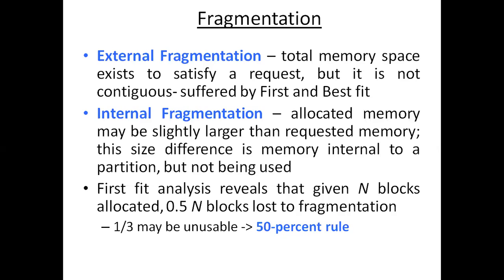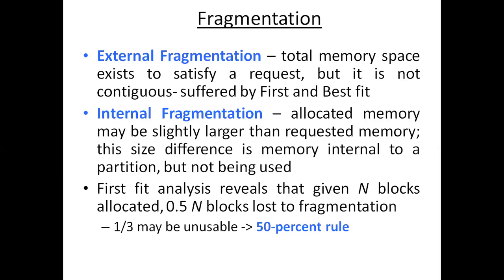They call it the 50% rule. Most of the small chunks of holes go unused; though there's free space available in the memory, it can't be used by any of the processes to be moved into that particular hole. So that we call the 50% rule.